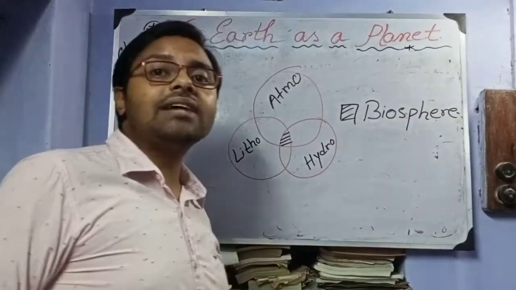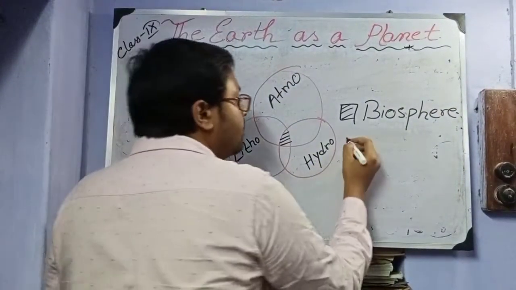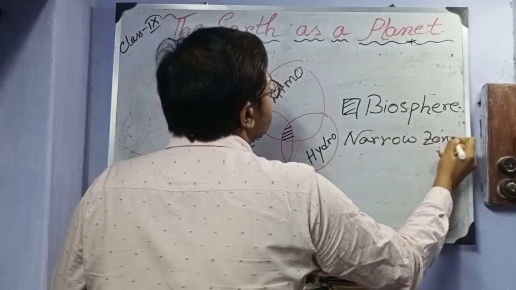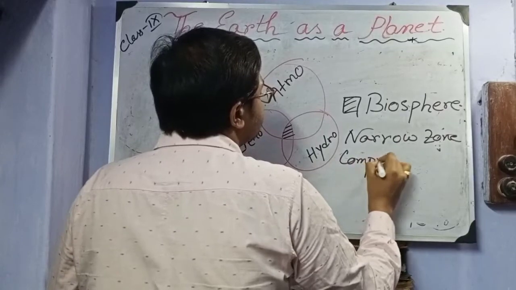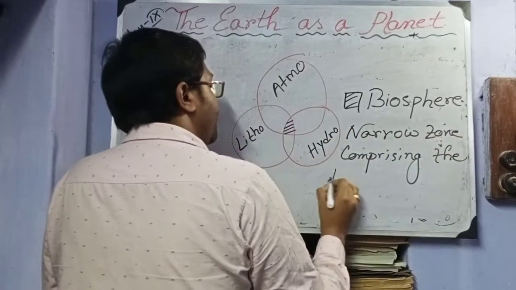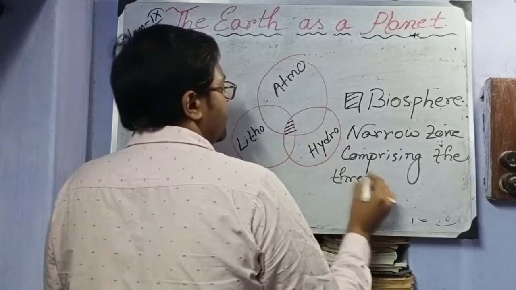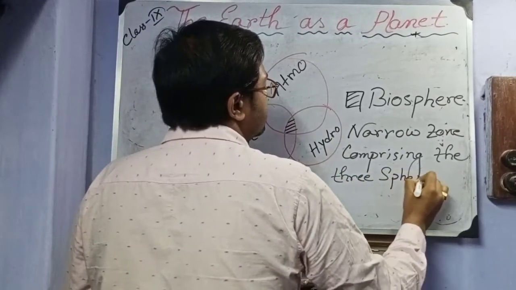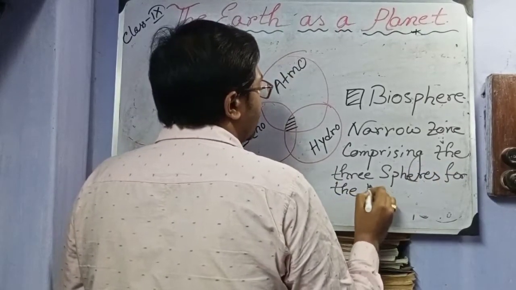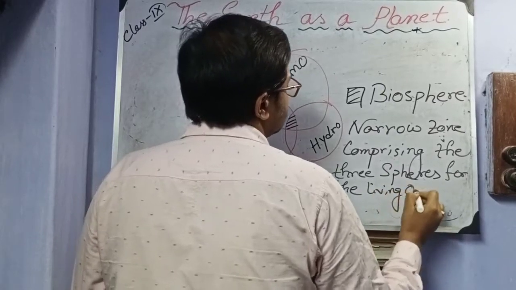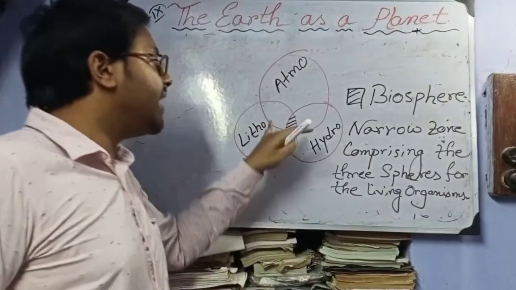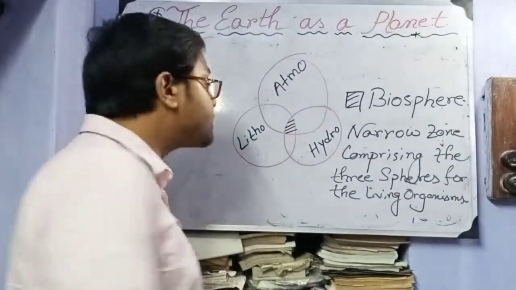What is the biosphere, if you ask? It is a narrow zone comprising the three spheres for the living organisms. That means it is a place where the living organisms live.